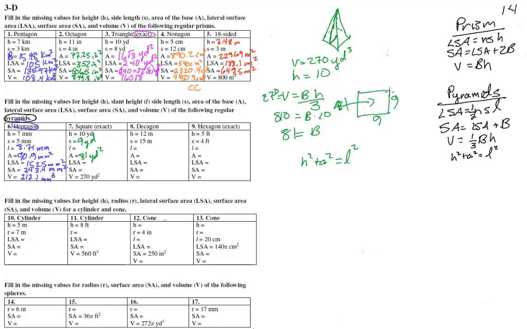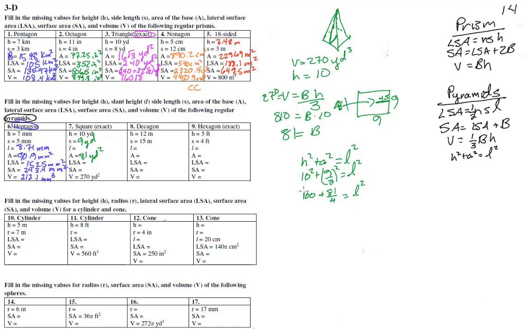So in a 9 by 9, if we do this right here, we know that that is 4.5. He's halfway to the 9. So this is 10 squared plus 4.5 squared, or we should have 9 halves squared if we're going to keep it exact, equals L squared. So this is 100 plus 81 fourths equals L squared.